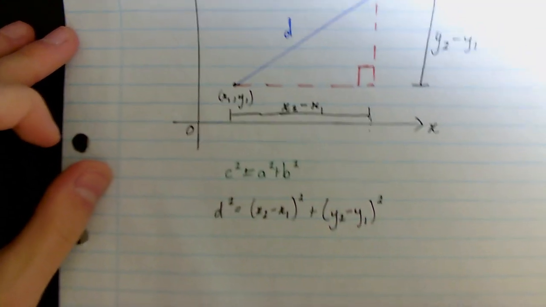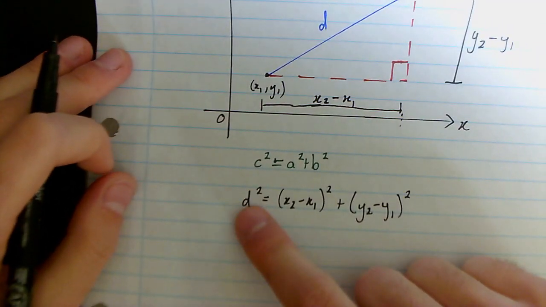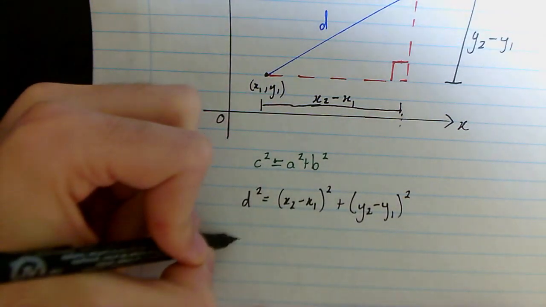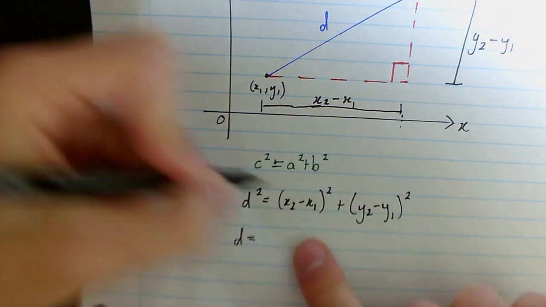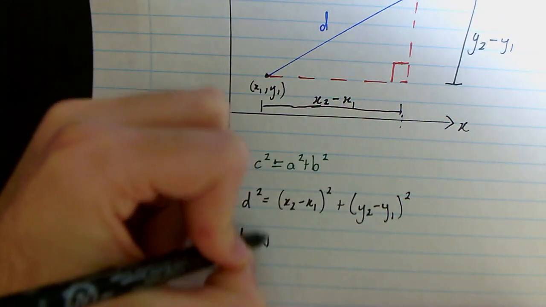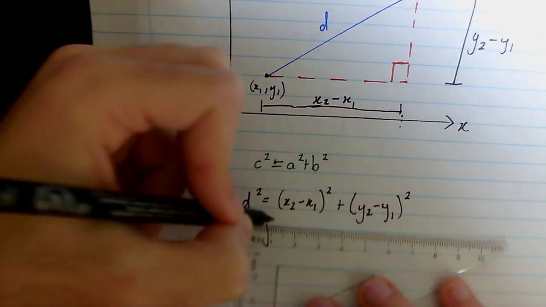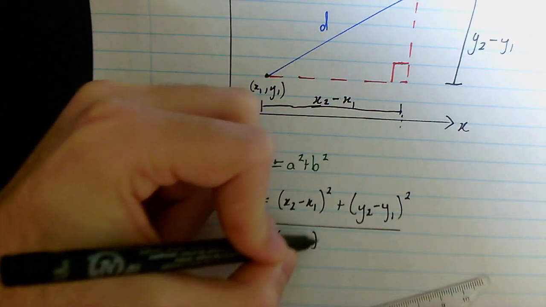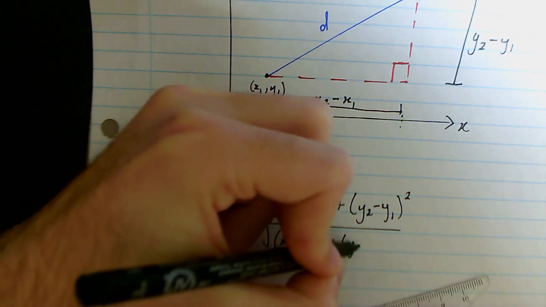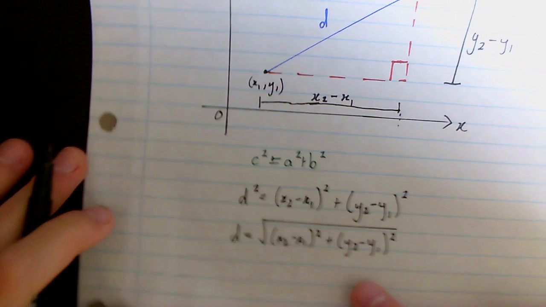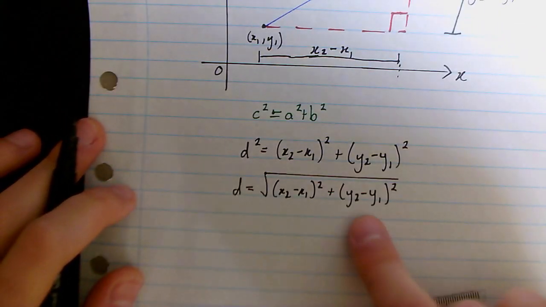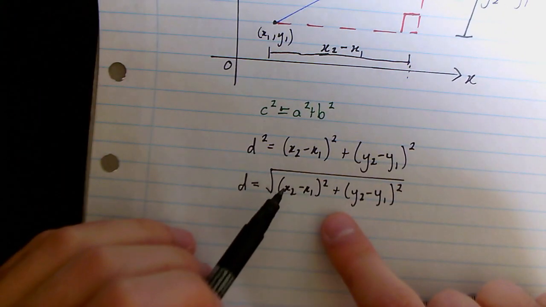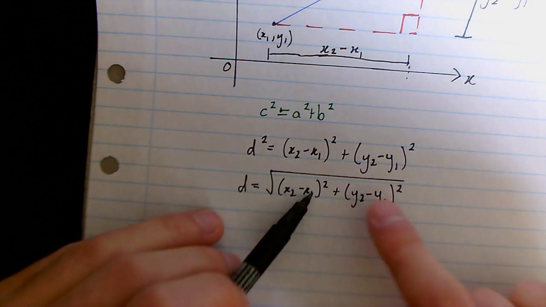At the moment we've got the distance squared, and if we want the distance, then it's just the square root of all of this. So the distance is equal to the square root of (x2 minus x1) squared plus (y2 minus y1) squared. That's the distance between 2 points given coordinates x2, y2 and x1, y1.